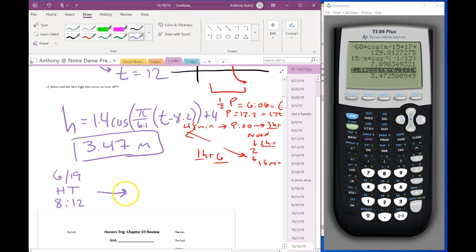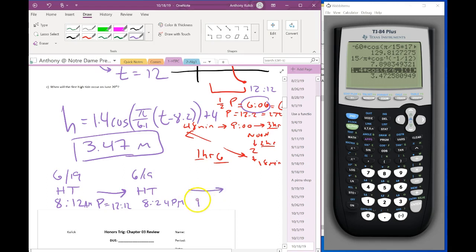One period later, we should be at high tide again. One period is 12 hours and 12 minutes. So that would be at 8:24 p.m. That's still on 6/19 though.